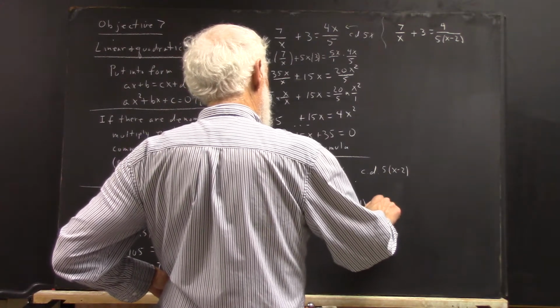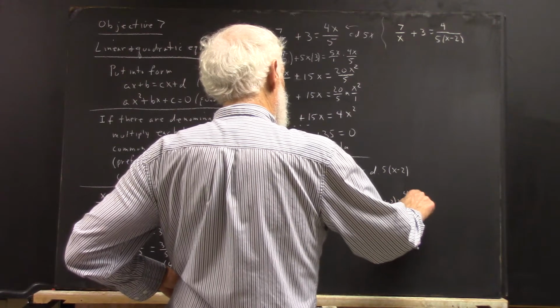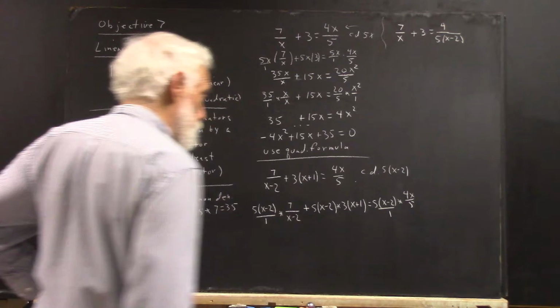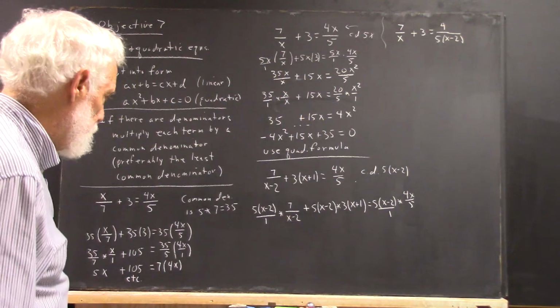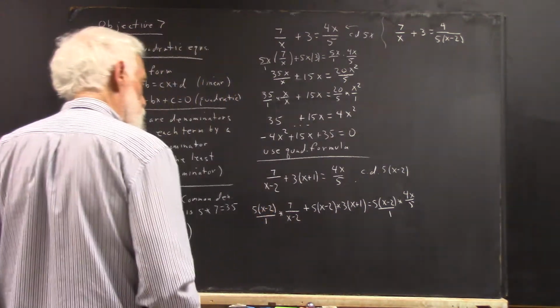And then it's going to be 5 times x minus 2 times 4x over 5. So we've got to put that over 1 since we've got a fraction. Now it looks like an exponent, but the multiplication tells us that it isn't. Okay. So what do we do here?